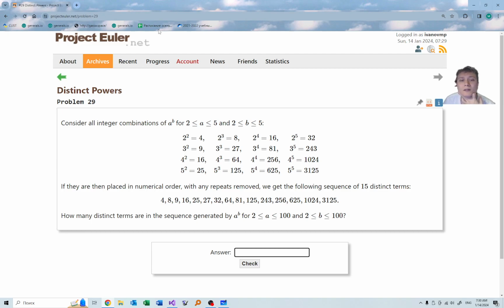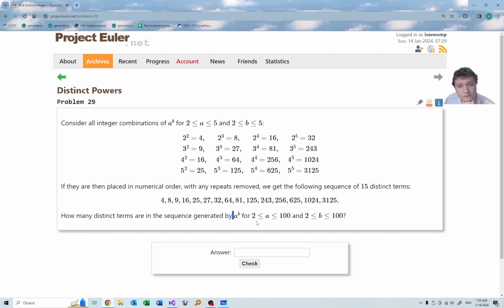Okay. I now see one more way, which is hashing. So if we have two numbers a and b, we can simply calculate a to the power of b modulo some modulus. And if the modulus is big enough, we won't get any collisions. And if we don't get any collisions, then our answer is correct.